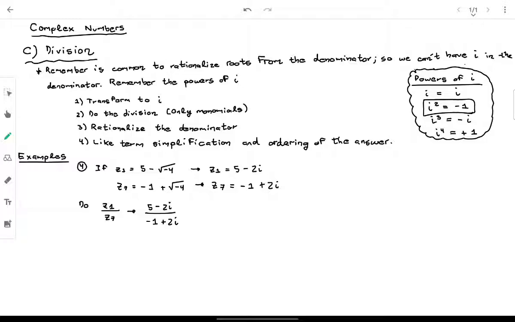So remember how to rationalize when we have a binomial. We saw it in the last videos. If we have a binomial, we need to multiply by the product of the sum and difference of that binomial in order to be possible to rationalize. The product of the sum and difference is one that does not change sign and the other one that changes sign.